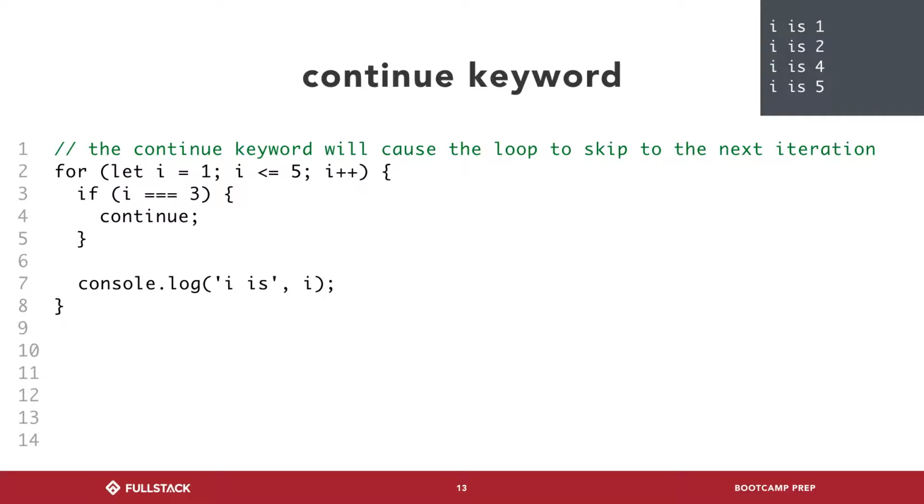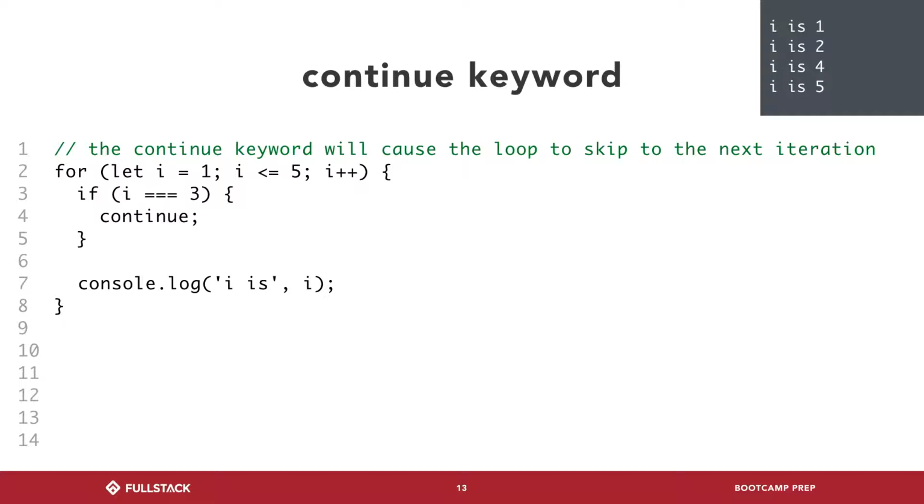So by the end of the third iteration, we never print out I is 3, but we do add 1 to I. So next run, I is now 4. When we do our conditional check of is 4 less than or equal to 5, the answer is yes. Is 4 equal to 3? No, it's not. We skip lines 3 through 5, and we console log out I is 4, I is 5, and eventually we stop at I equals 6.